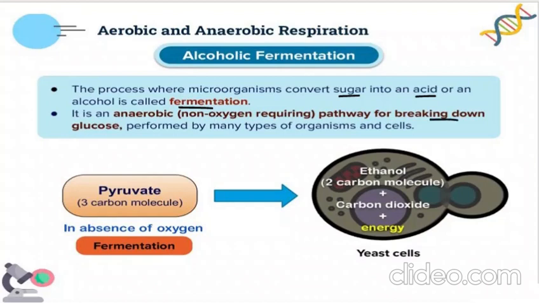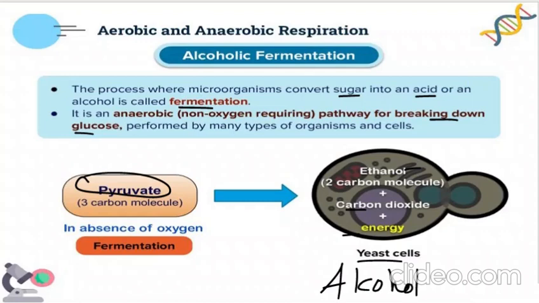There the breaking down of glucose is performed by different types of organisms and cells. For example, in the absence of oxygen, yeast cells do the fermentation. The pyruvate molecule is broken down into ethanol, carbon dioxide, and energy, which gives me alcohol.